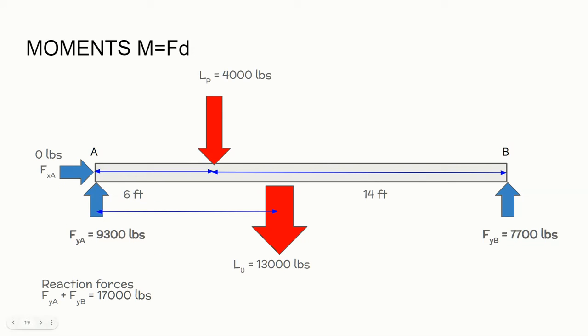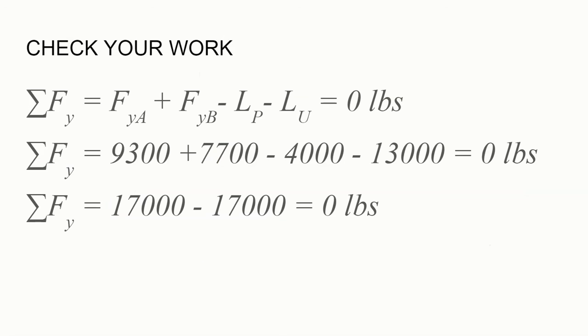So we have found the reaction force at point A and the reaction force at point B. We can check our work. If we remember, the sum of our forces needs to equal 0, so we have a positive 9,300, a positive 7,700, a negative 4,000, a negative 13,000, and that means it's 17,000 minus 17,000, and that does indeed equal 0.